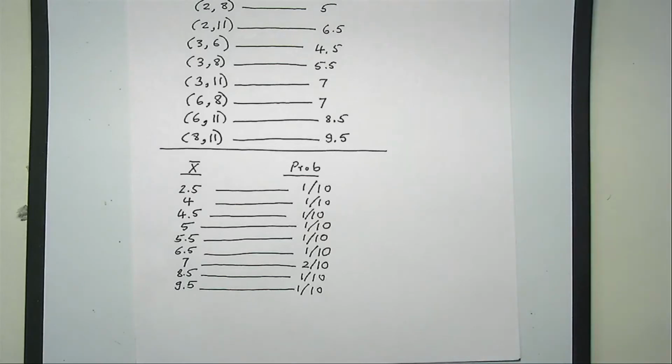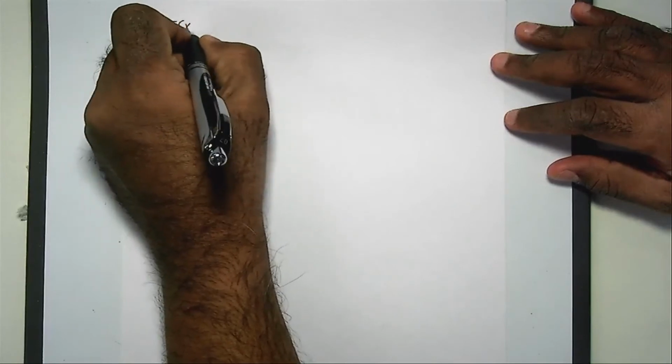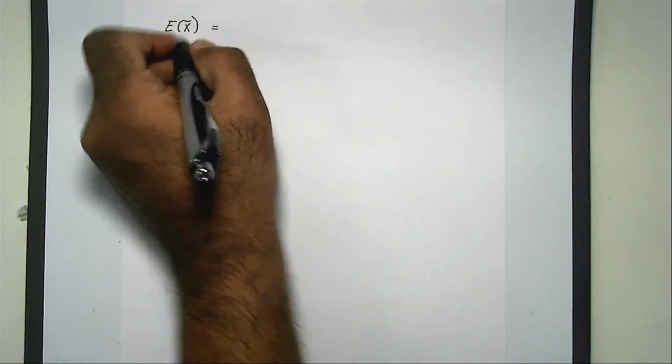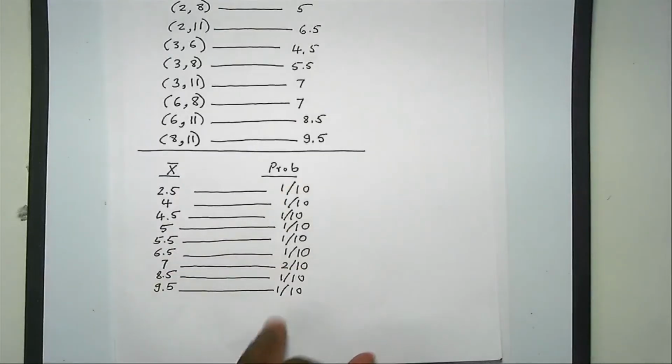Now the next thing we need to do is compute the mean and the variance, which is done the same way as in question 3. So to compute the mean, you simply multiply this column with this column and then sum them up.